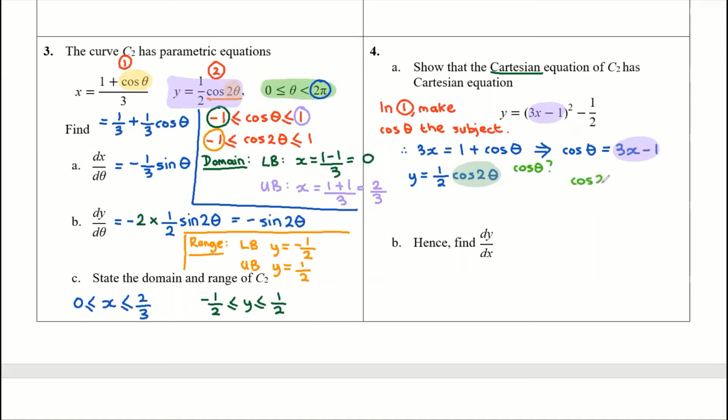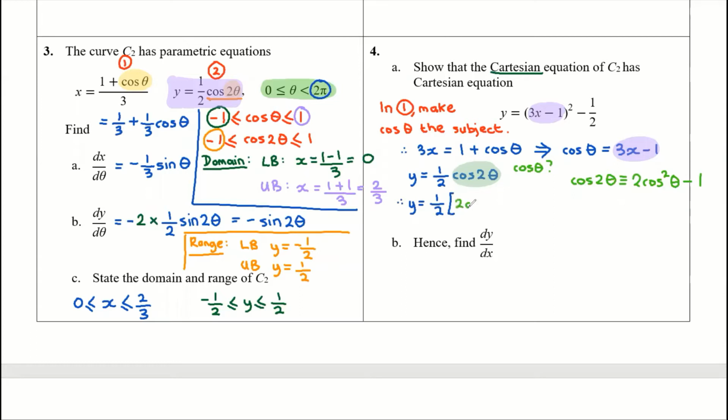So recall that cos 2 theta is identical to 2 cos squared theta subtract 1. So there we can do a straight swap. If I go back to my y equation now, y is going to equal 1/2 multiplied by all that.